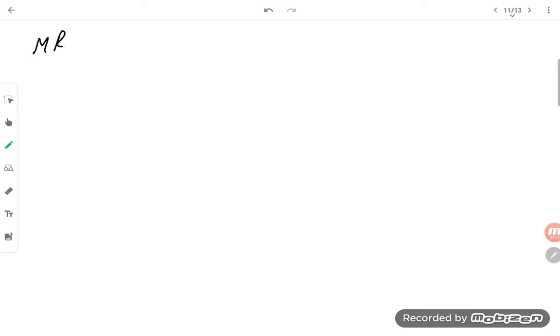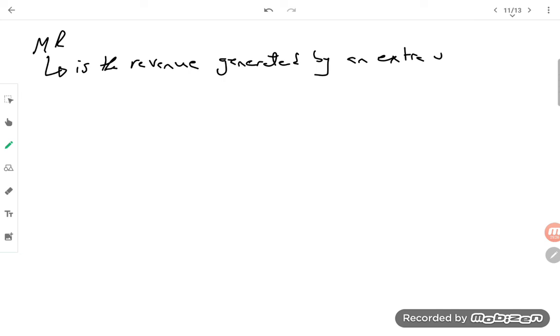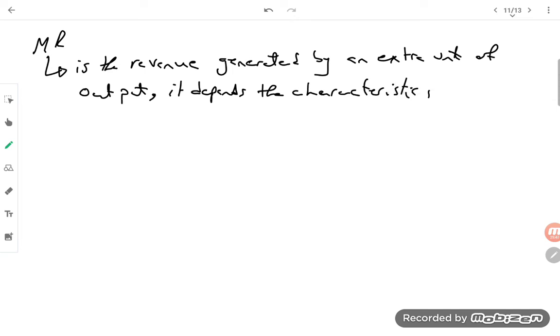Marginal revenue is the revenue generated by an extra unit of output, and it depends on the characteristics of the product market.